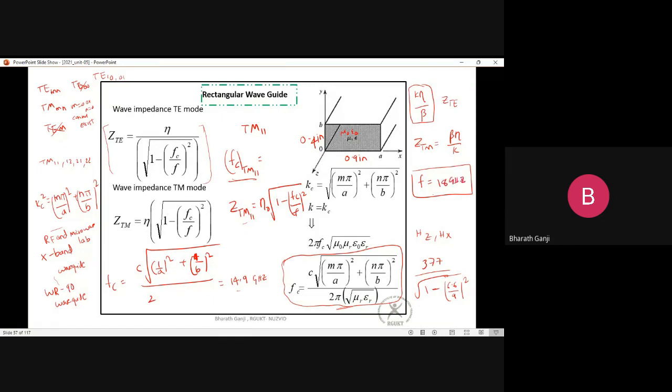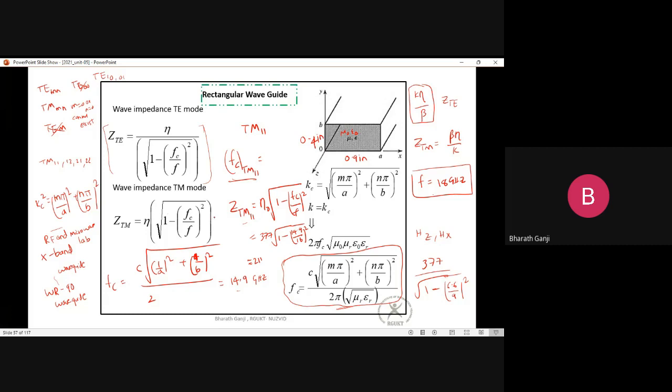Now can you tell me what the wave impedance will be? This will be 377 into square root of 1 minus (14.9 divided by 18) whole square. That is 211.5, approximately 211.